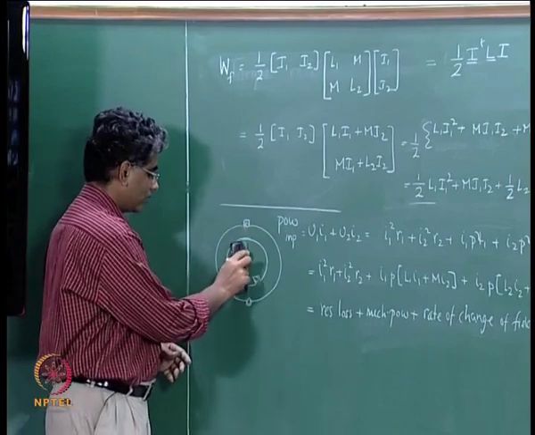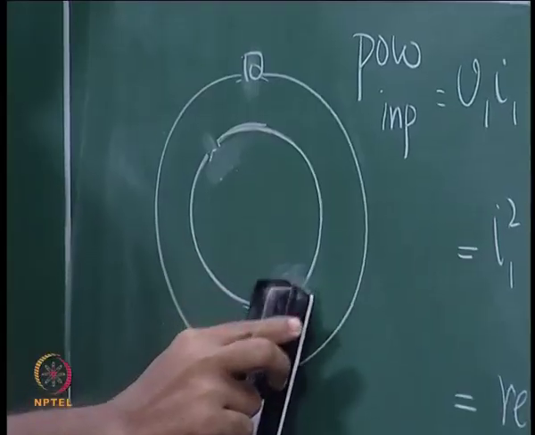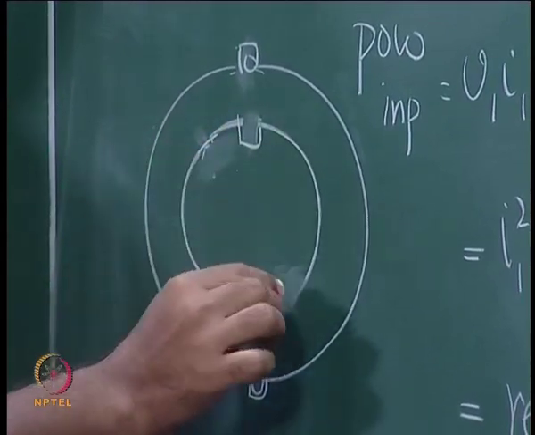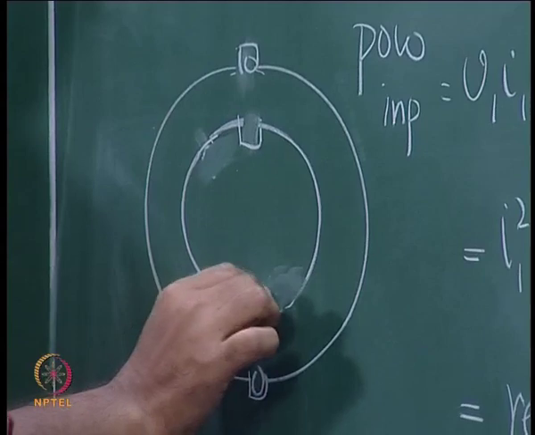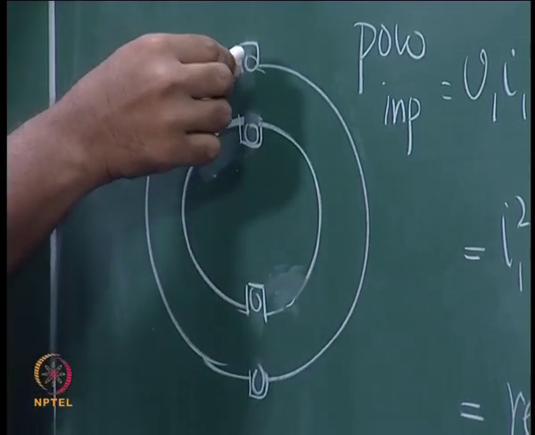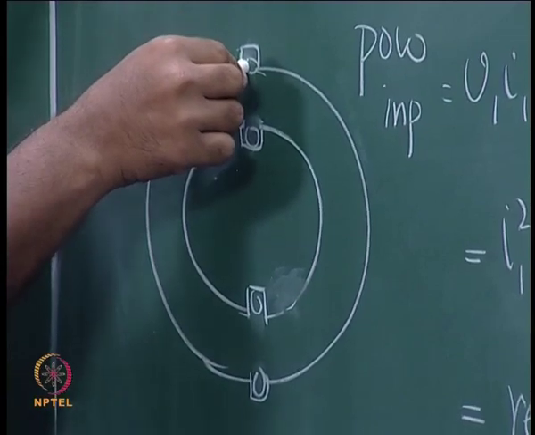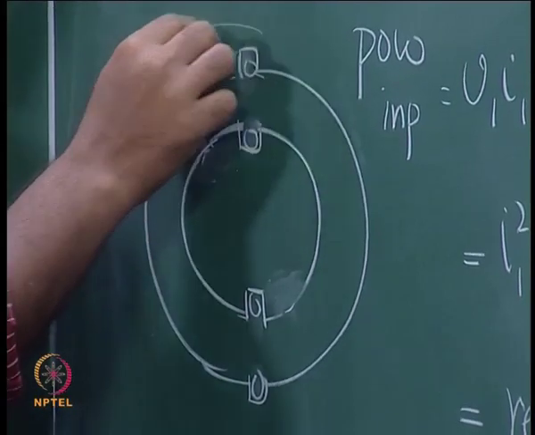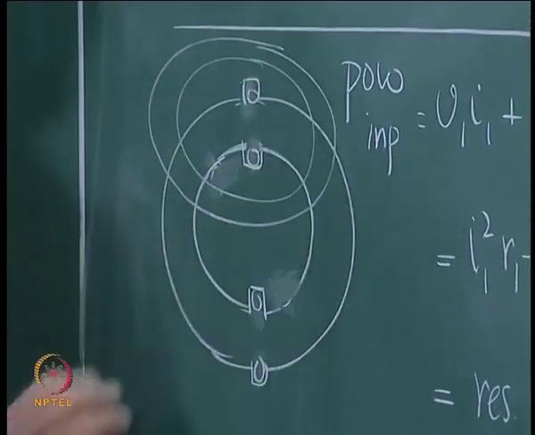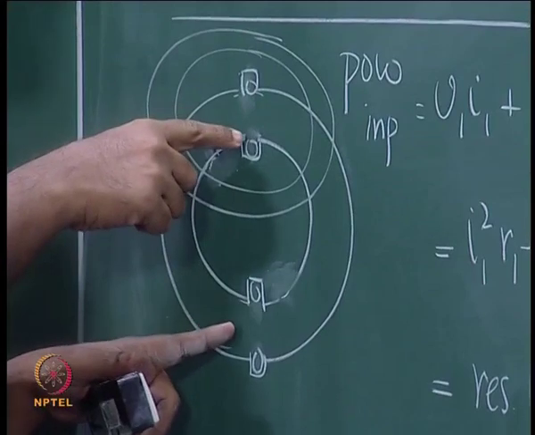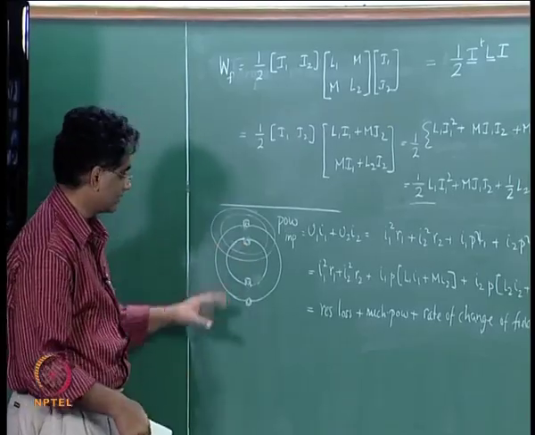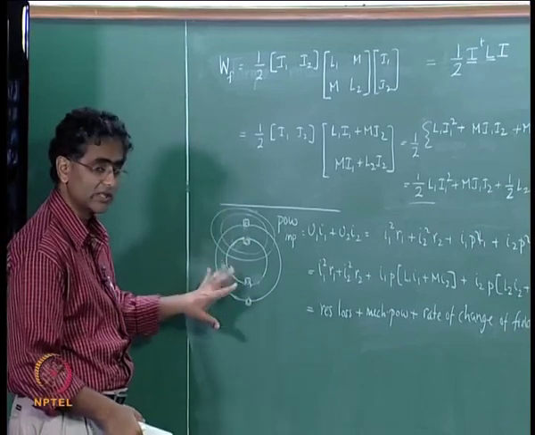If the rotor coil is placed here, then almost all the flux generated by this coil is going to flow in this manner and link this coil. Therefore, the mutual inductance will be highest, as all flux is linking this.